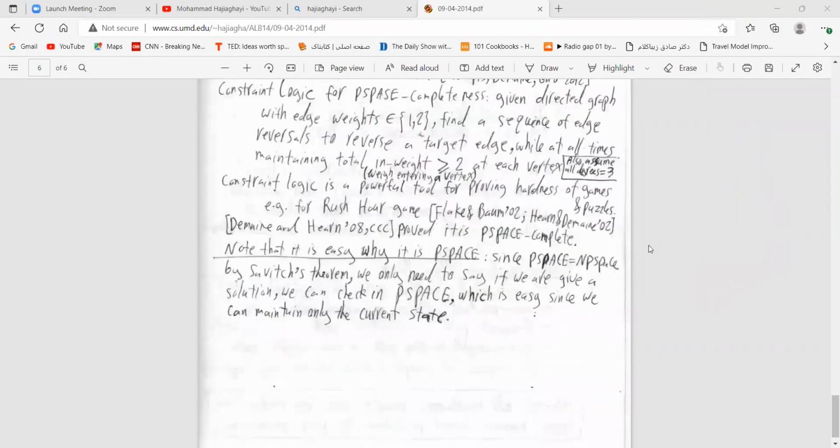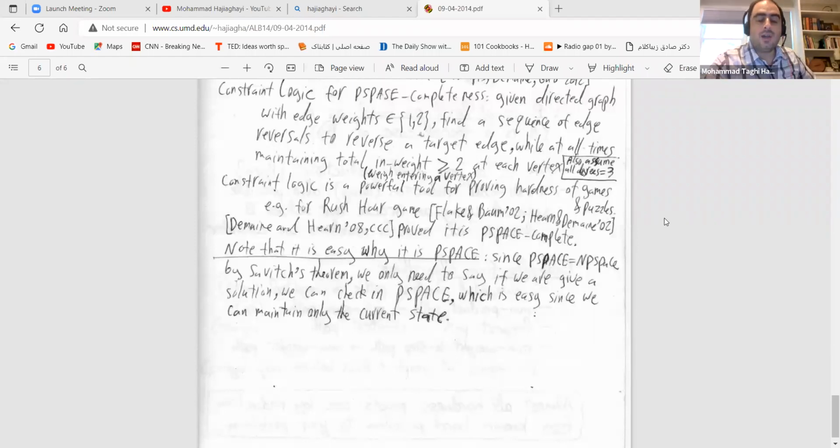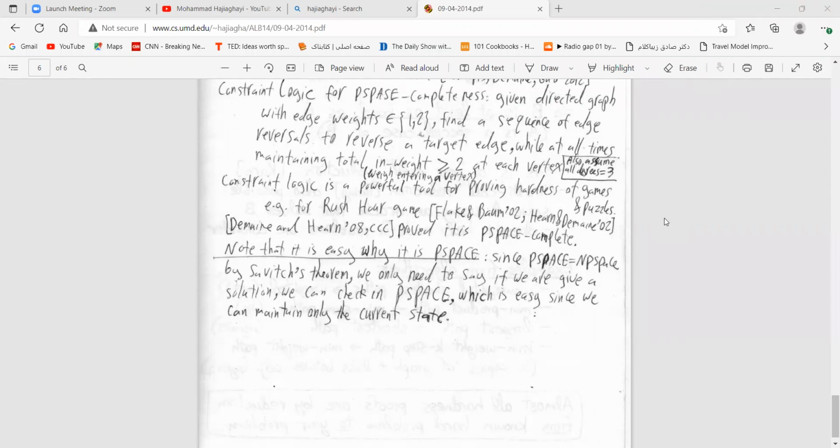You can try all combinations of reversals, whether that works or not. You can do this in polynomial space.